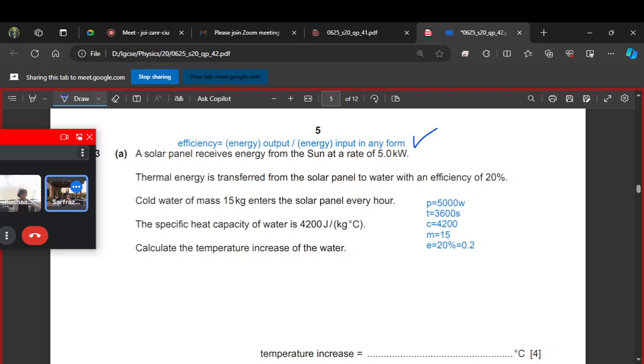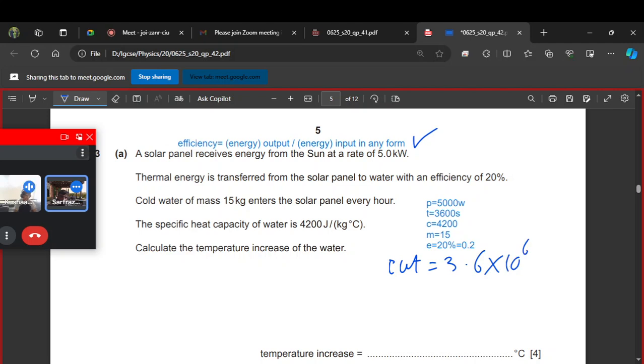Then, is this input energy or output energy? Output energy. So output energy is 3.6 million. Let me write. Output energy is 3.6 million.